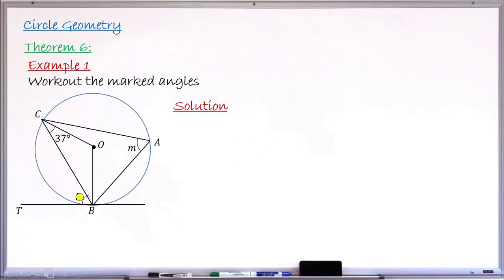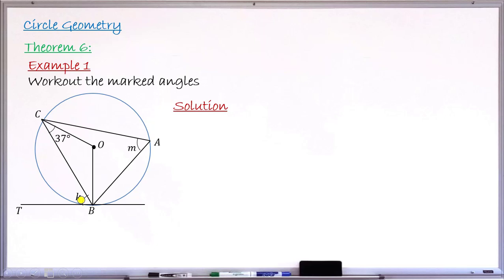So looking at angle K, if I can find this angle inside, look at it, this angle OBC, or rather angle CBO, if I can find this angle, because line OB is a radius and BT is a tangent, the whole of this angle from OB to BT is 90 degrees based on the theorem I have just learned. That is, radius perpendicular to tangent. So the whole of this angle is going to be 90 degrees. So if I can find this angle, I think I am done.